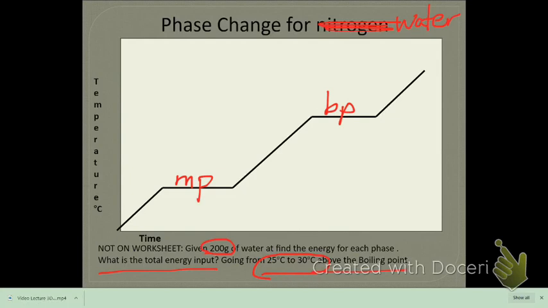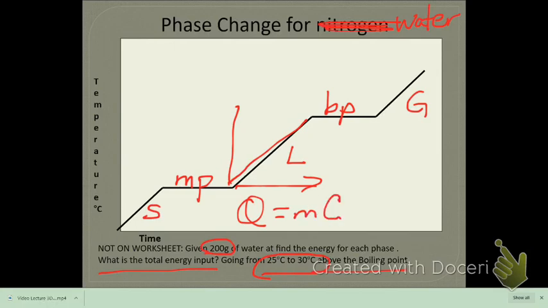Okay? And remember that in our calculations, since this is solid, this is liquid, and this is gas, whenever you have solid, liquid, and gas, there is always going to be an increase in temperature as well as an increase in heat, which means to heat up solids, liquids, and gas, we would use Q, or heat, is equal to MC delta T. This is because we have to use a specific heat of the solid, liquid, and gas, the mass that has been given us, and of course the delta T, or the temperature changes that occur.